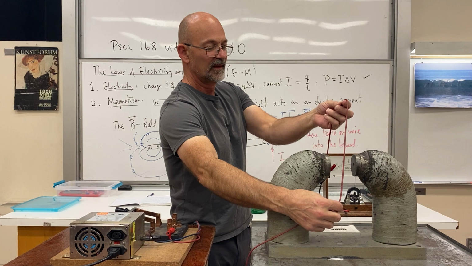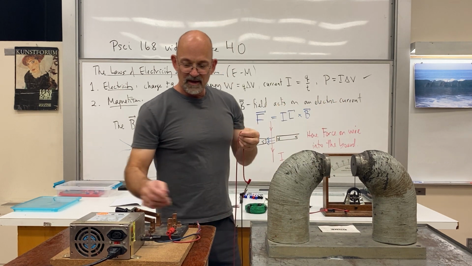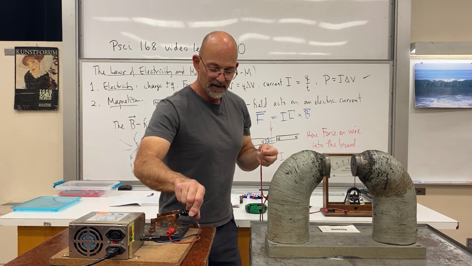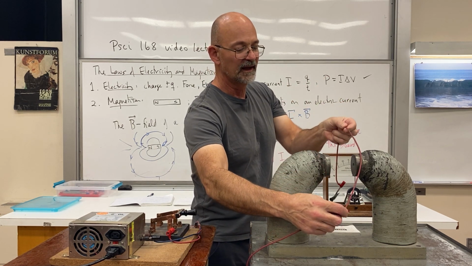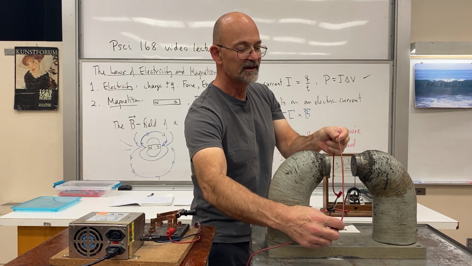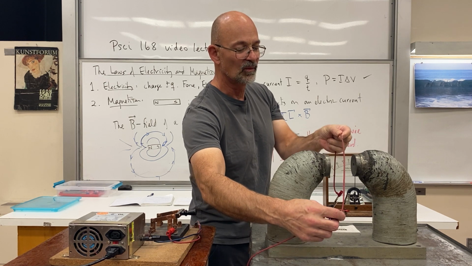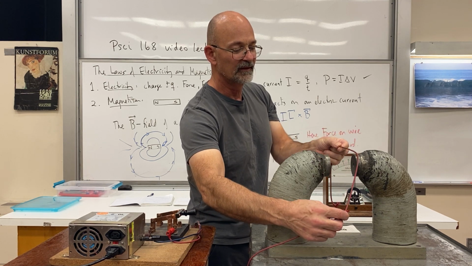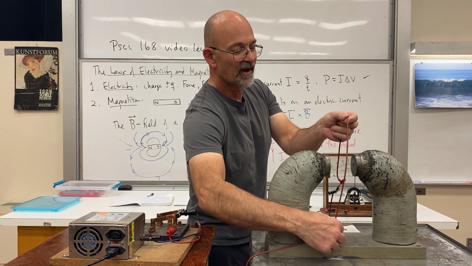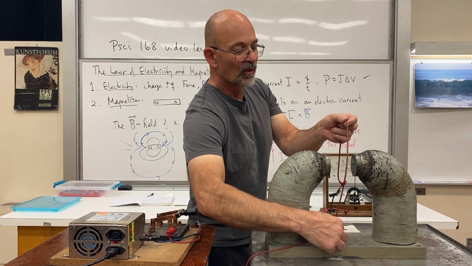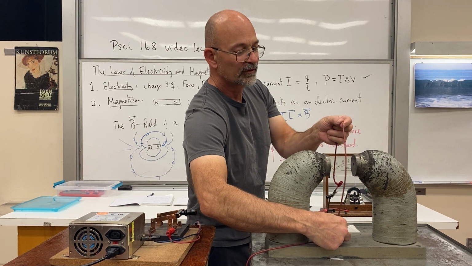So, if I close the switch, I get a current, and immediately, you can see there's actually a very strong, interesting tension in the wire. You can see it being flicked from side to side. So that's that tension I was talking about. So that's out of the board, so to speak, towards you guys.